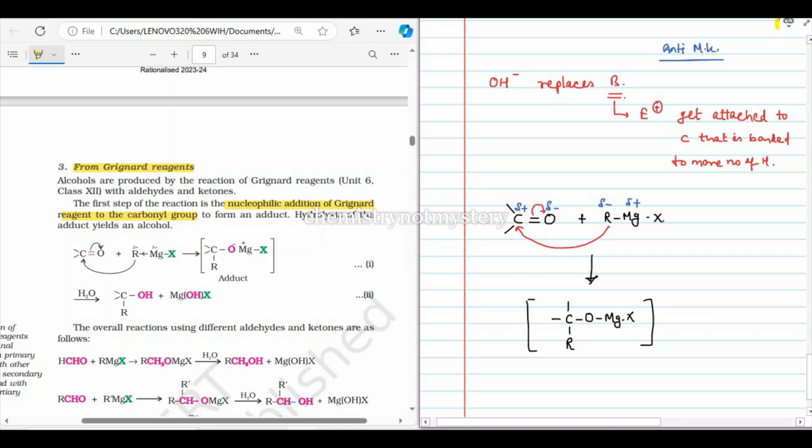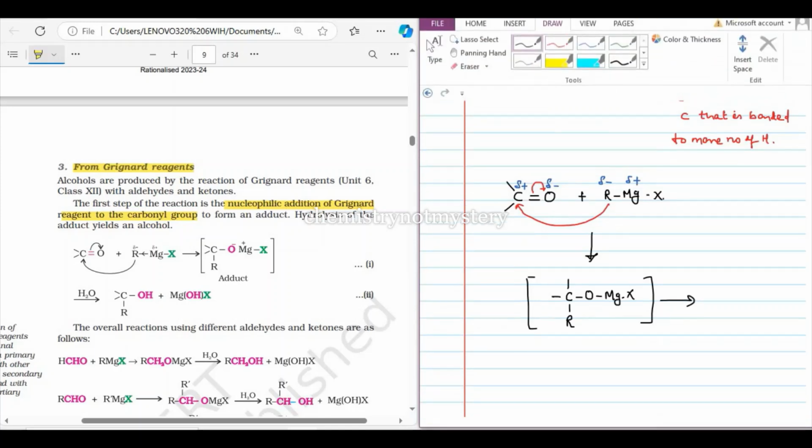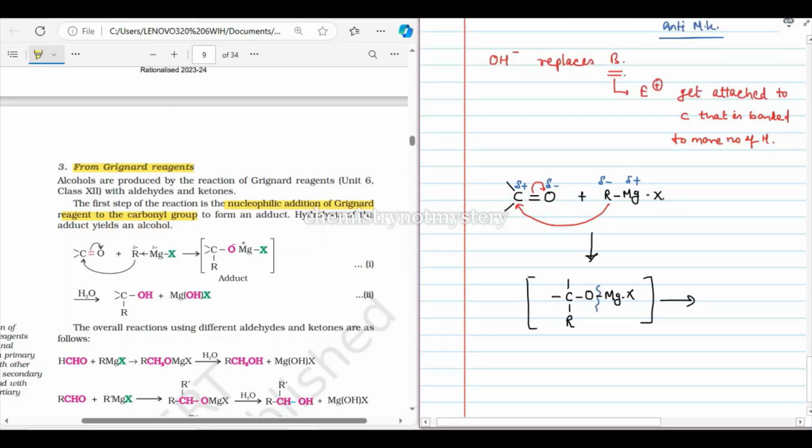This adduct undergoes hydrolysis. When it undergoes hydrolysis, this bond will break and OH negative will go towards the electropositive metal and H plus will go towards the electronegative oxygen. As a result, you will get carbon with two free valencies. This is the alkyl group and this is oxygen which gets attached to hydrogen.